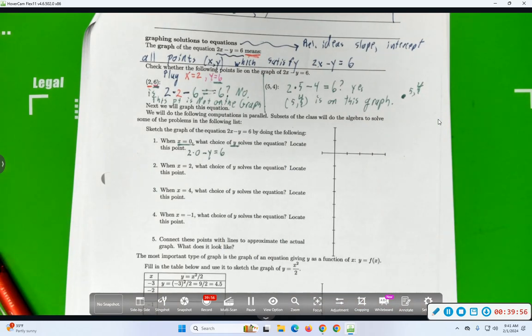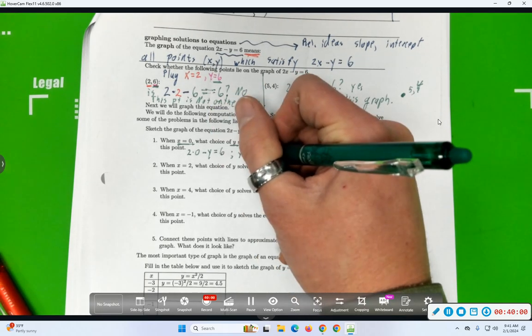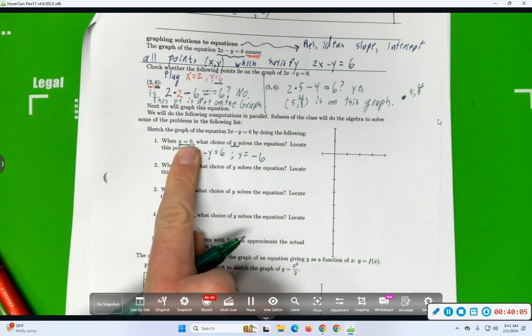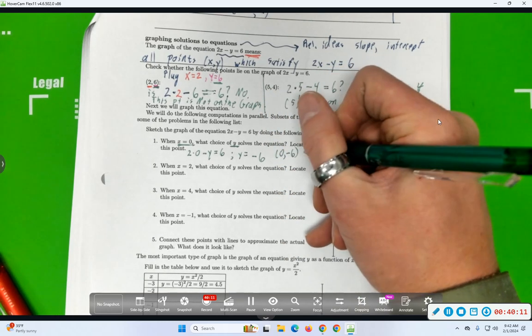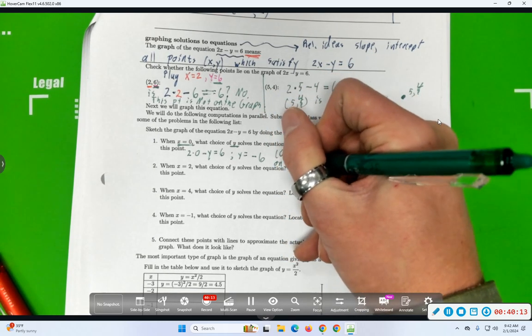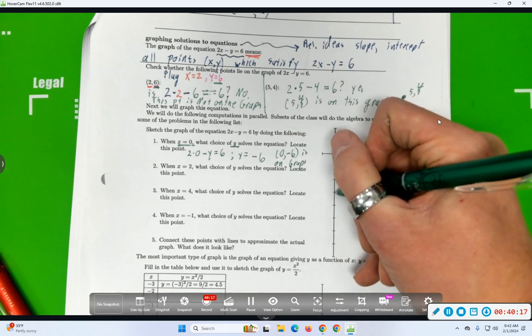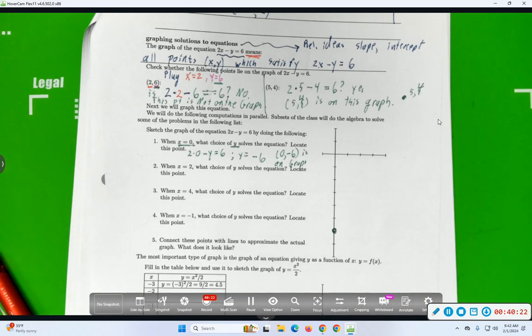Yeah, so what is that y value? I want it to be -6, right? 2 times 0 is 0, move the negative to the other side. So 0, -6 is on the graph. x equals 0, 1, 2, 3, 4, 5, 6. That point is on this graph.